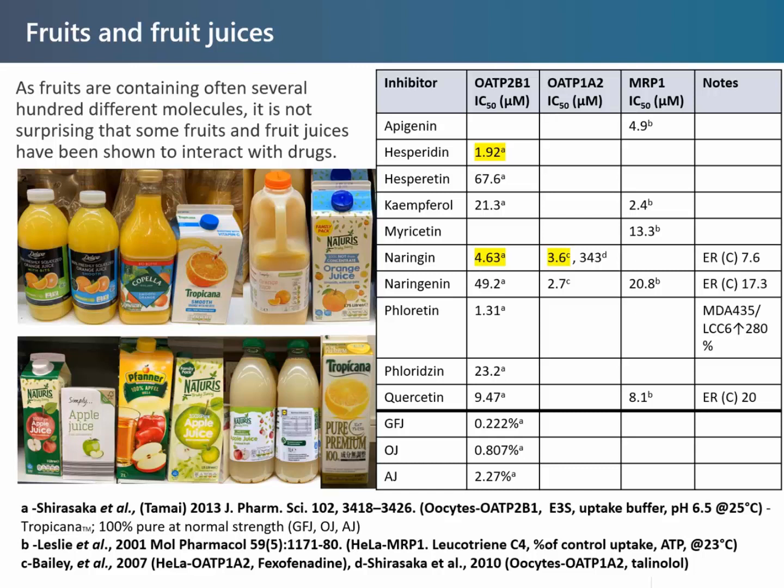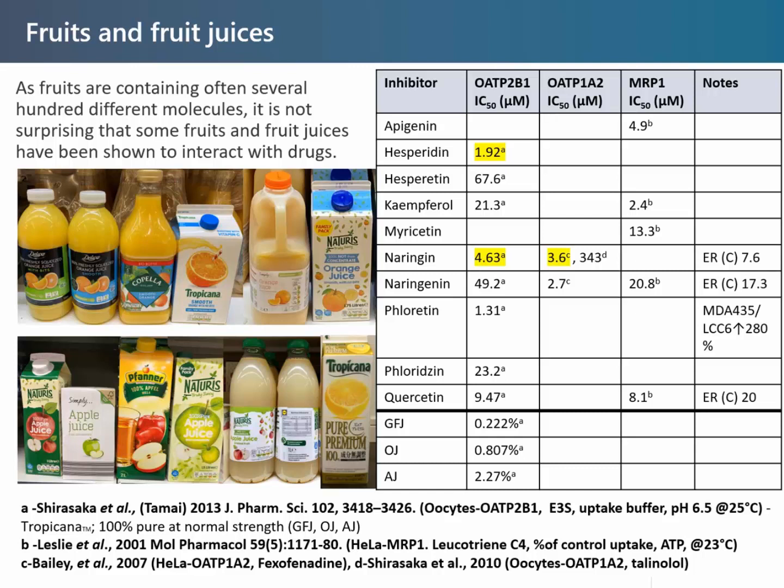The other one is the OATP2B1. And also there, Shirasaki, from Tamai's laboratory, looked at it in oocytes transfected with OATP2B1. They are very aware that for OATPs, you have two binding sites, and they are pH dependent. They did a very good experiment here because they used a pH of 6.5, mimicking the gradient as you would have it in the intestine.